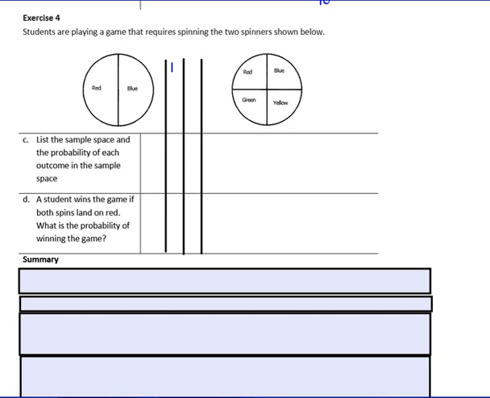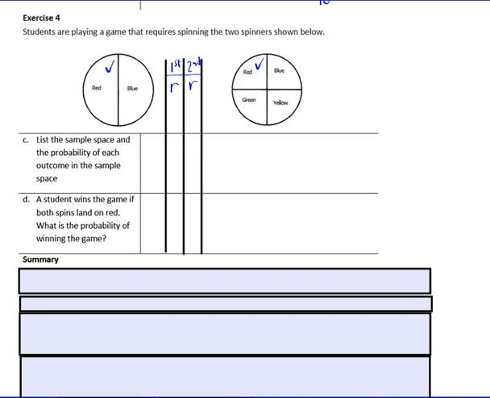So I'm going to have my first spin and my second spin. In my first spin, I could either get red or blue. And I'm just going to start and list all the combinations that could happen if I get red on the first spin. So if I get red over here, and then I come over here and I spin and I get red. So one combination is red, red.